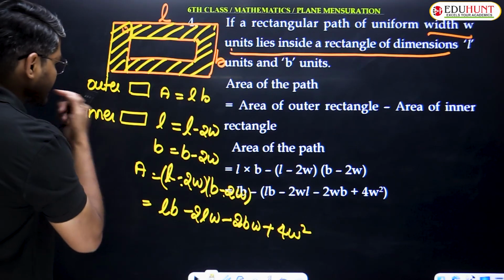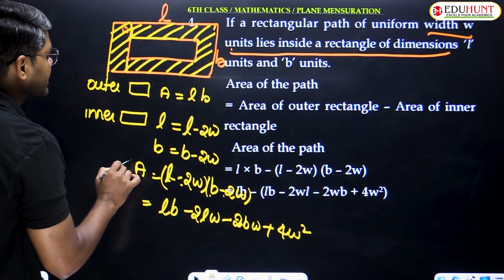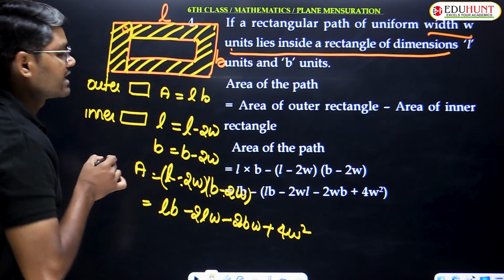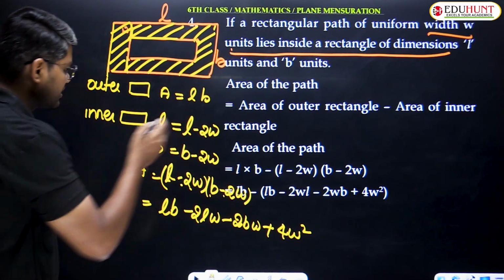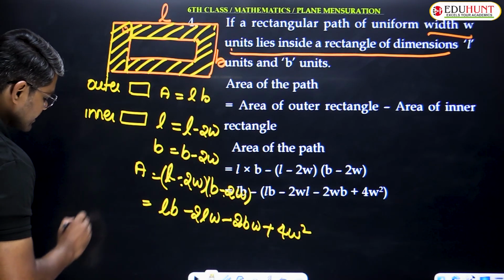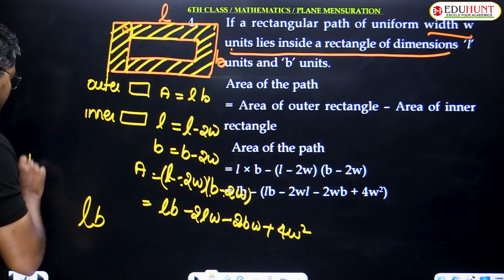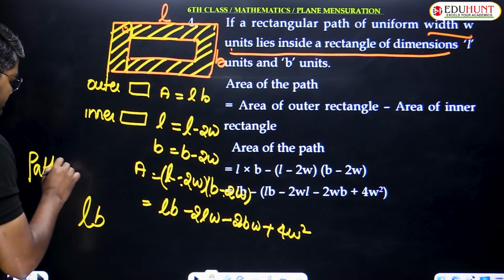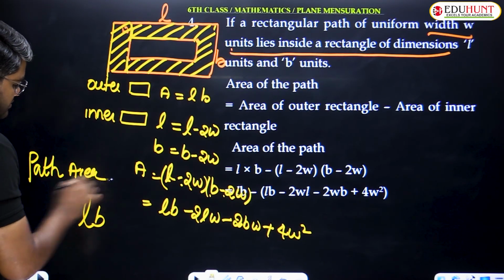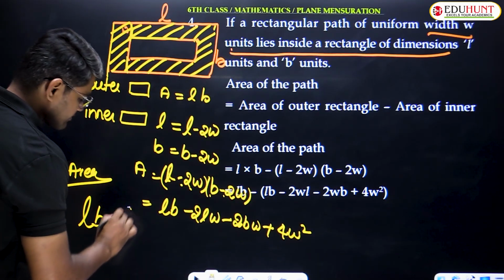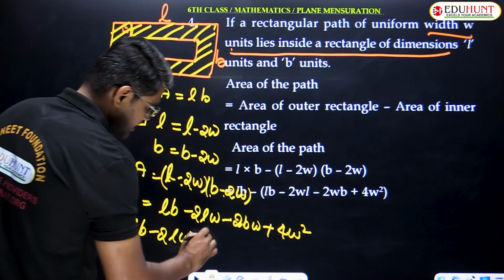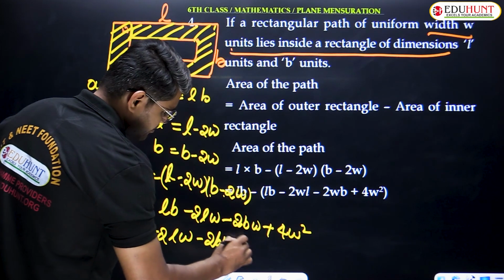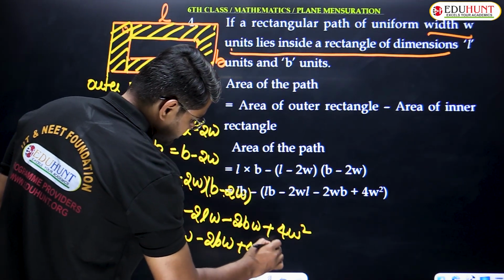Now subtract this inner rectangle area from outer rectangle area, then only we get area of the path. Outer rectangle area is LB, path area minus LB minus 2LW minus 2BW plus 4W square.